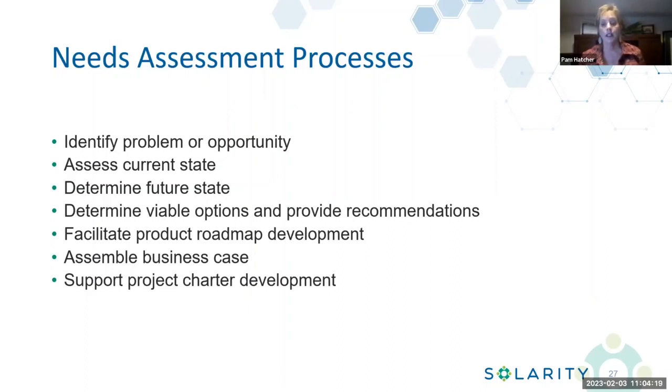So again, making sure that you're planning for that delivery and what's going to be delivered. Are you synthesizing the information to support the selection of the best solution, and what components are necessary for that? That results in an assembled business case, which is very important in this needs assessment. That's what you're doing, trying to put that business case together and assemble it appropriately to take forward. And then supporting the project manager by collaborating on project charter development.